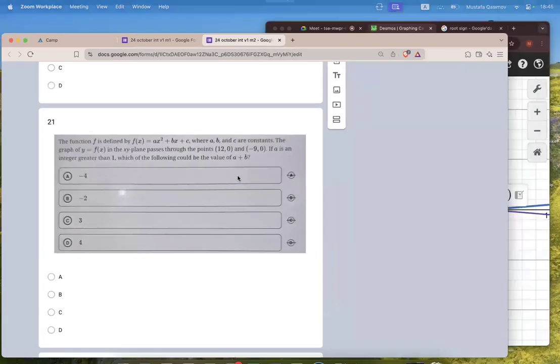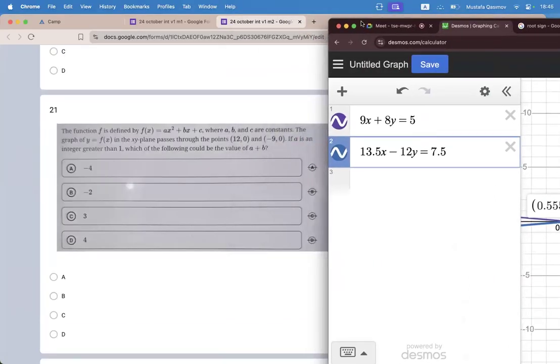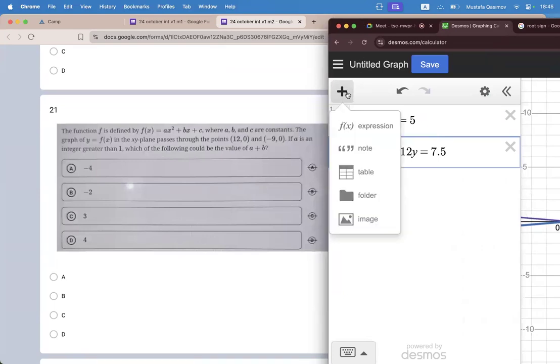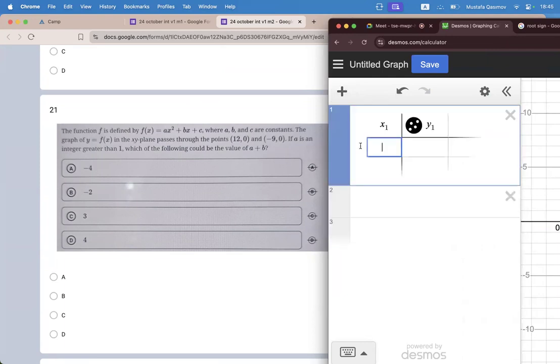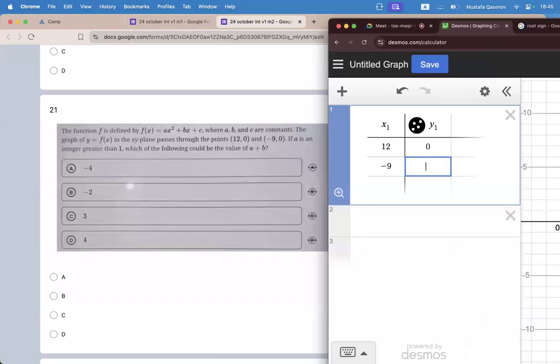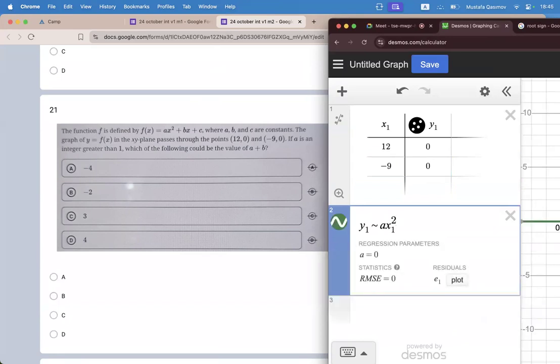For 21, we can use the Desmos table method. 12, 0, negative 9, 0. Then write it like this: y1, x1 squared plus bx1 plus c.